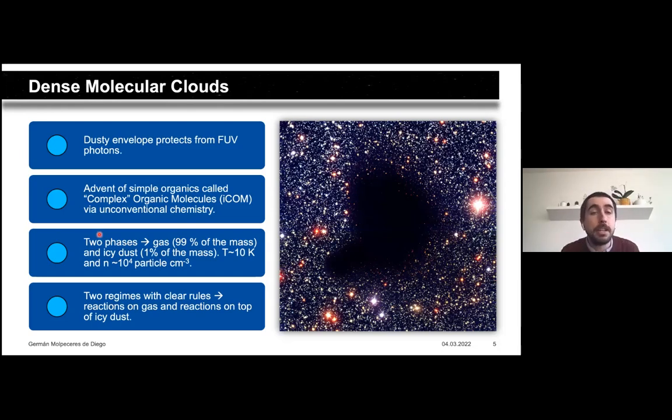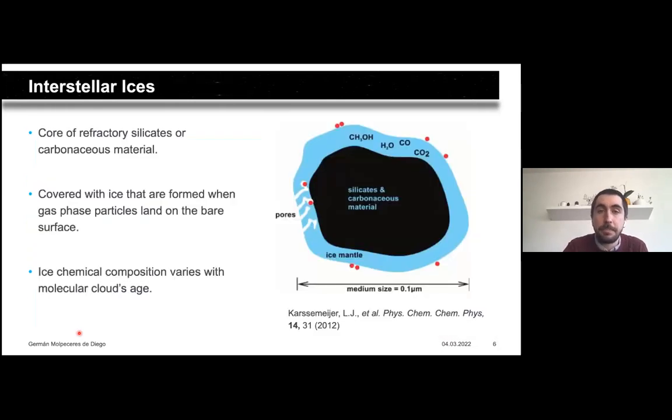Because at the temperature of these clouds, which is as low as 10 Kelvin, most of the matter sticks to dust grains, coating them with ices. Therefore, we have two different regimes: reactions in the gas and reactions on top of icy dust. In this talk, I will focus on the reactions and physical processes occurring on top of icy dust.